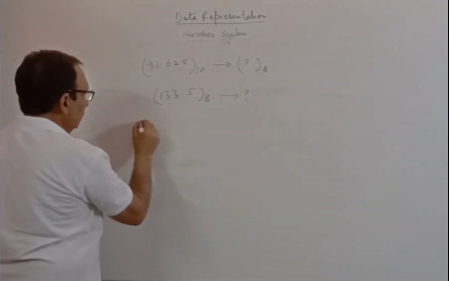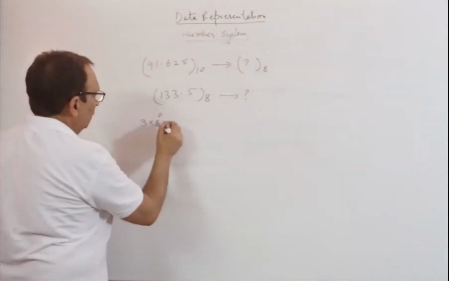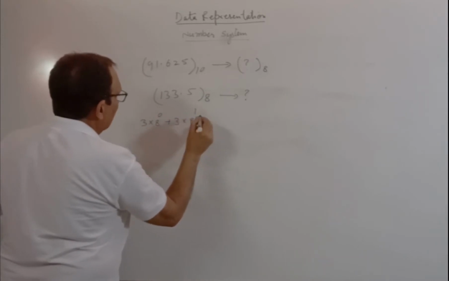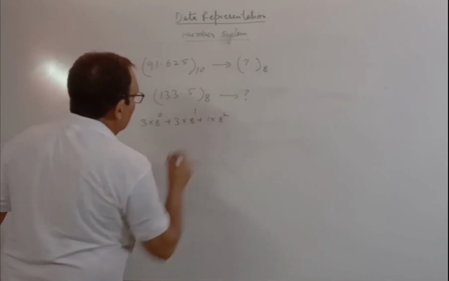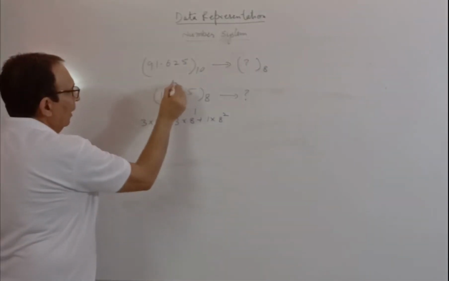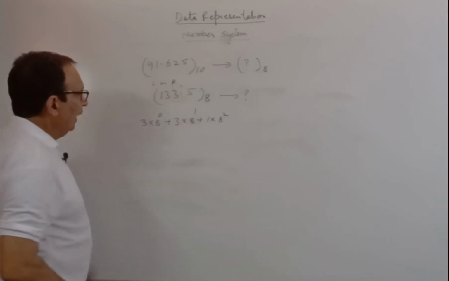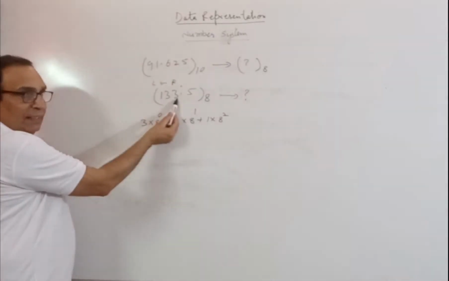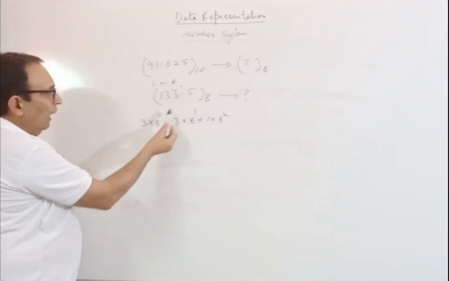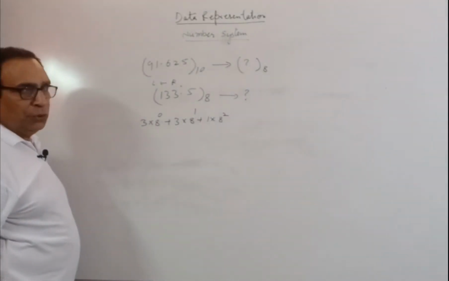So what you do? 3 into 8 raised to the power 0, 3 into 8 raised to the power 1, and 1 into 8 raised to the power 2. What we have done? We have taken from right to left. This is the first digit, so 3 into 8 raised to the power 0, and we go further, 3 into 8 raised to the power 1 and 1 into 8 raised to the power 2.